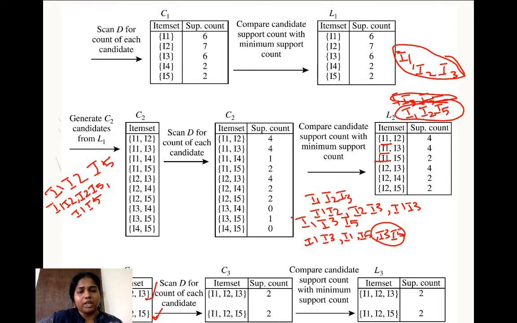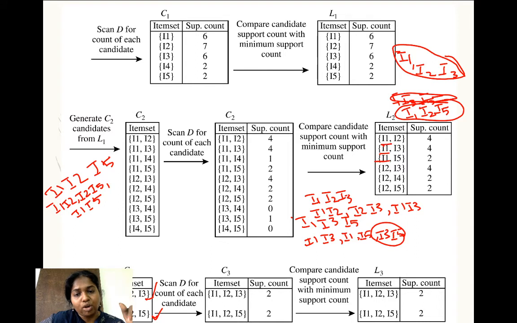Apriori algorithm. What is the difficulty in Apriori algorithm? The major difficulty is candidate generation. Every time I try to look at this generation process, I have to look back into the L2 combination when I am generating C3.